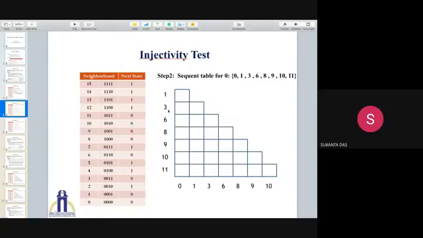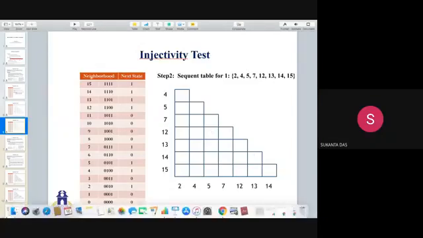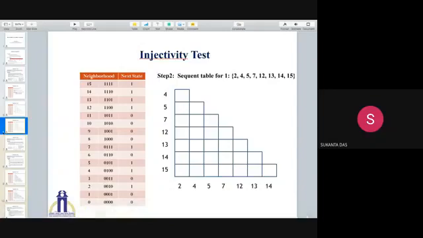The same is for 1: 2, 4, 5, 7, 12, 13, 14 along the x-axis, and 4, 5, 7, 12, 13, 14, 15 along the y-axis. So we have created two sequent tables. If you have d number of steps in S, then you'll have d number of sequent tables.